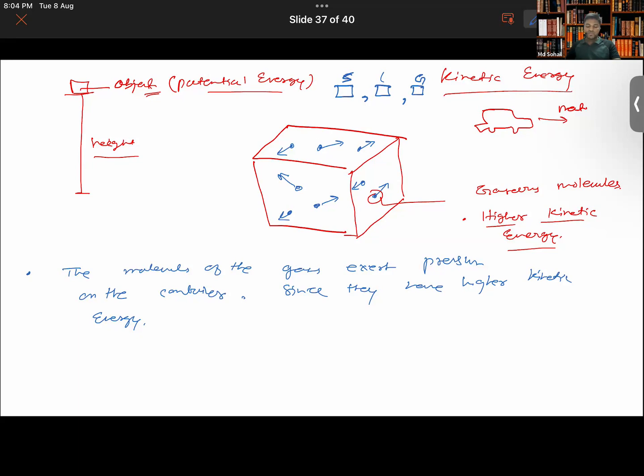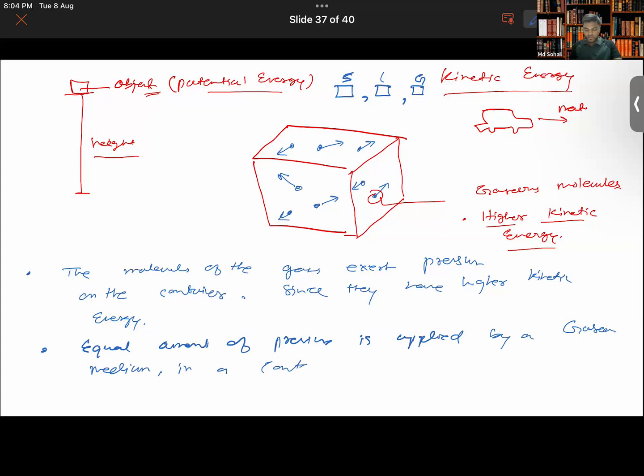And also you will see on each part of this container, equal amount of pressure is being applied. So one another thing is equal amount of pressure is applied by a gaseous medium in a container.